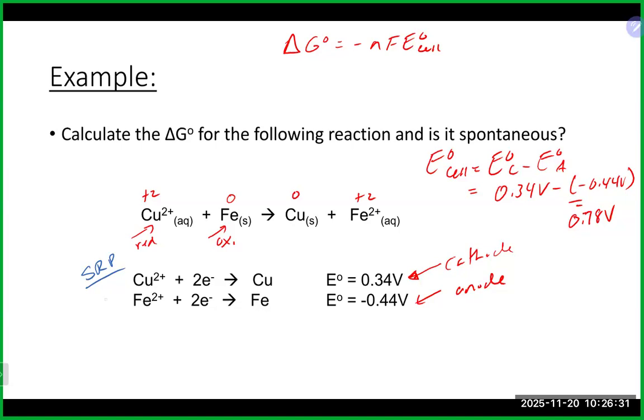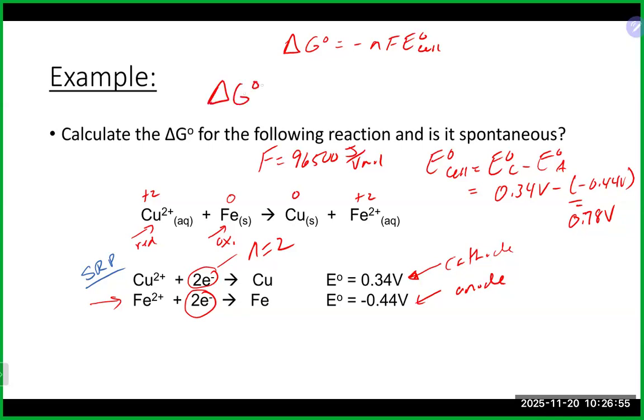Obviously here, this one would be reversed, but at this point they are still balanced in terms of electrons, so they both have the same, and then that would mean in this case that n is equal to 2, once again, not 4. F is a constant, so that's our 96,500 joules per volt per mole, and I think that's everything we need here.